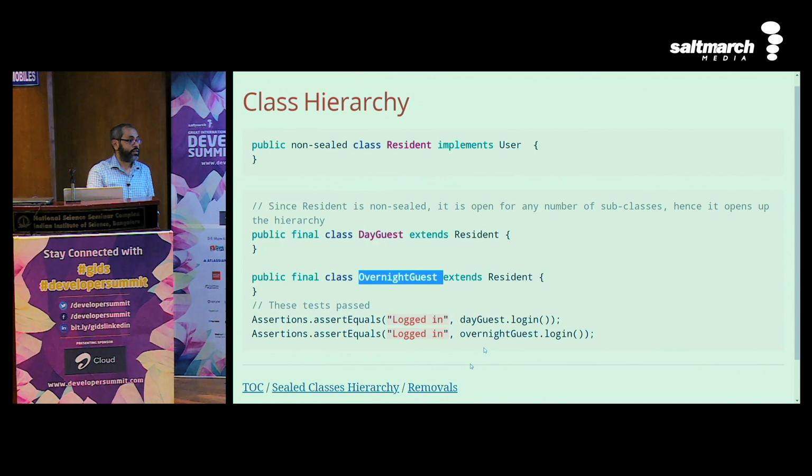That's the only reason. I don't have a concrete example to give you for non-sealed classes, but that's Java's way of allowing you to open up your hierarchy. Any other questions?